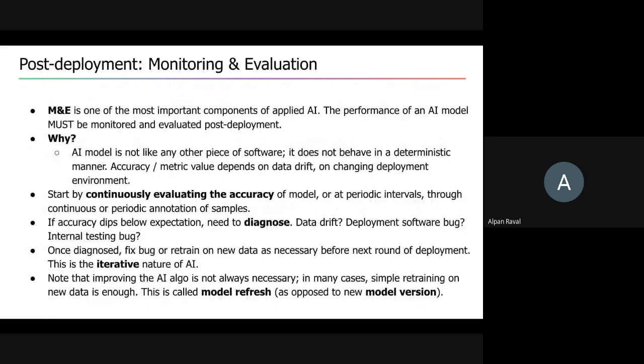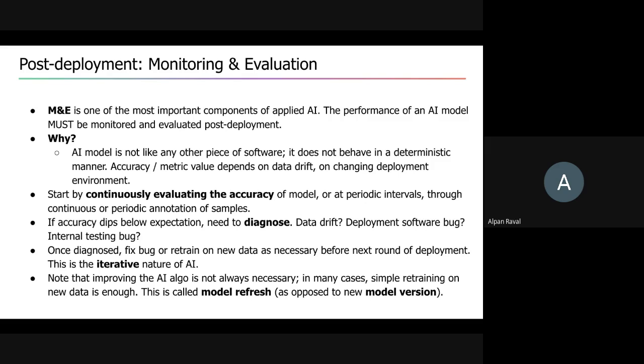Where was I? Yes. So now we come to the post-deployment phase, which is M&E. And M&E is one of the most important components of AI. Even more than a standard software product, an AI product has to be monitored and evaluated at a much more detailed level, at a much higher frequency than a software product.